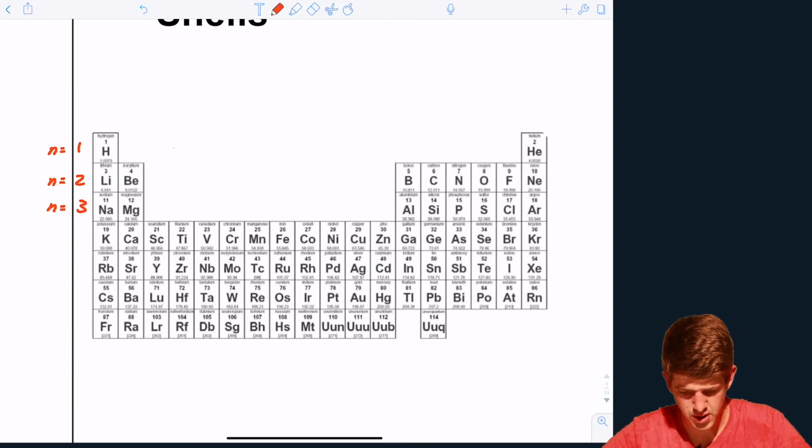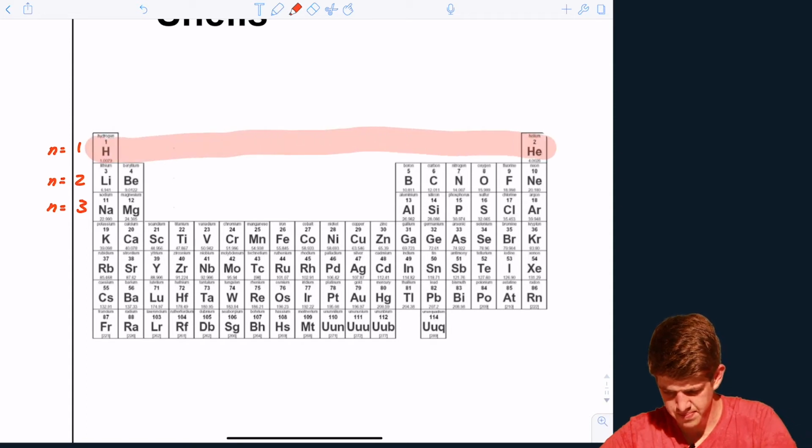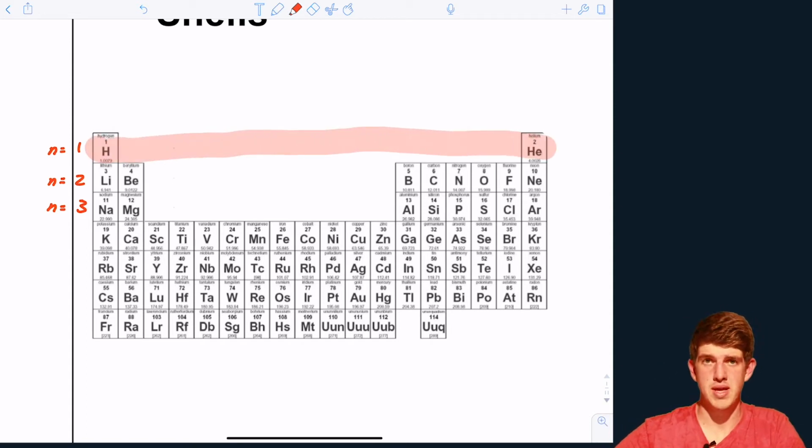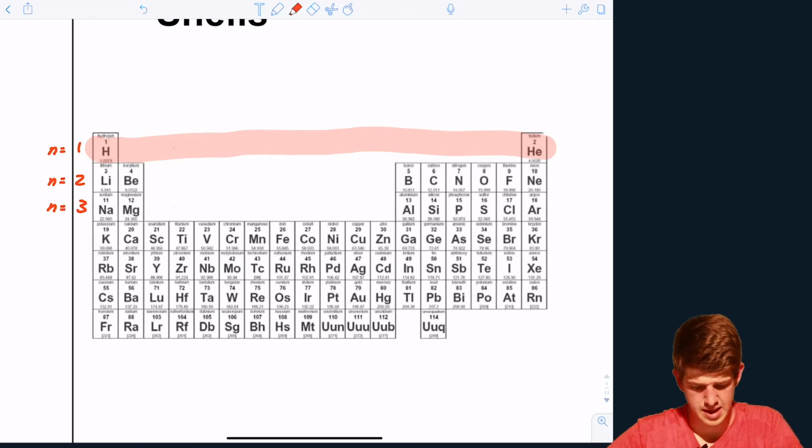So for the first row, there are 2 elements. And both of these elements have 1 more electron than the last. So for the first row, there are 2 total electrons. After those 2 electrons, I move on to the second row.